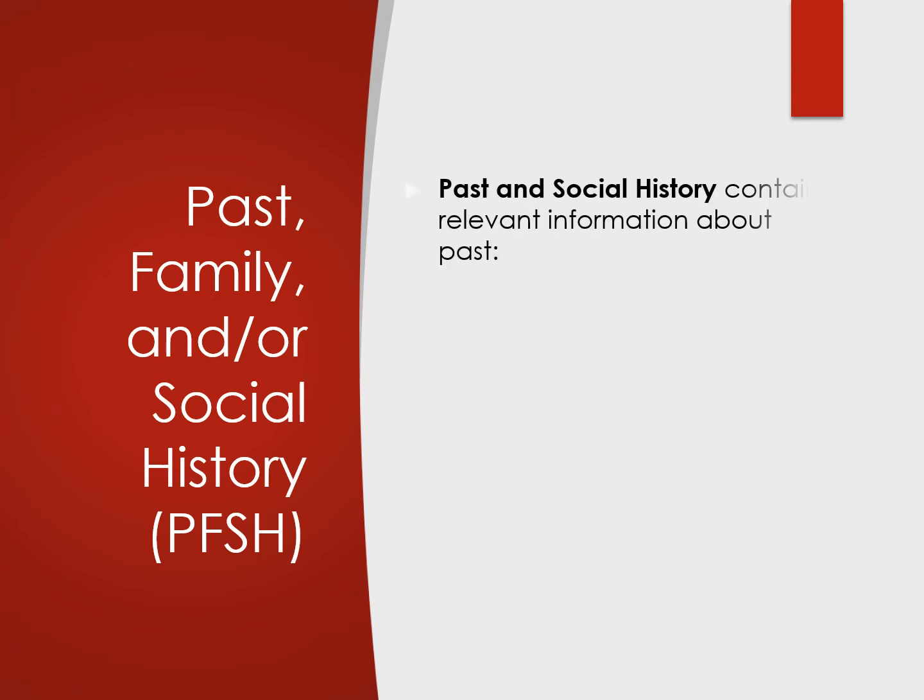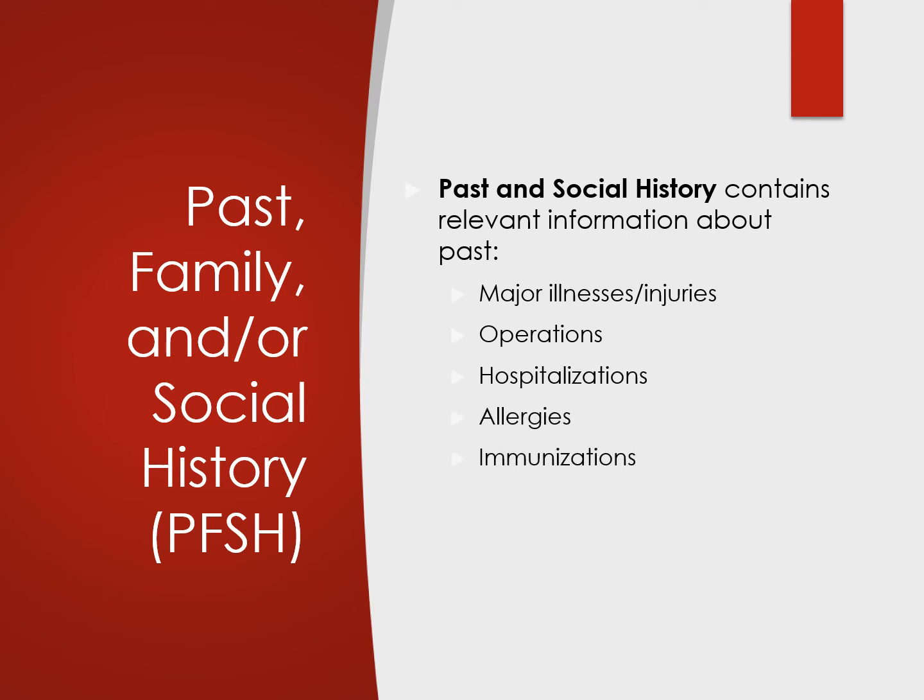The past, family and social history, we call this the PFSH. It's just relevant information about the past major illnesses or injuries, any operations, hospitalizations, allergies, immunizations, dietary status. And this PFSH is done usually only the first time that the patient comes in, or maybe once a year, not every visit for sure.